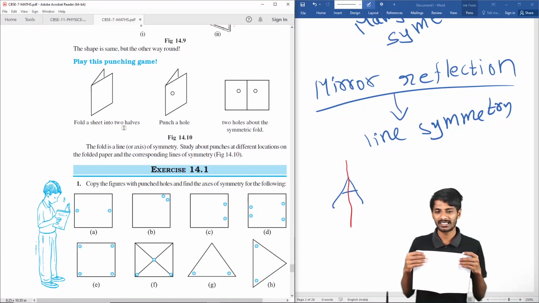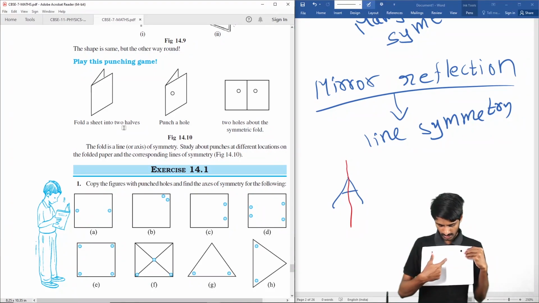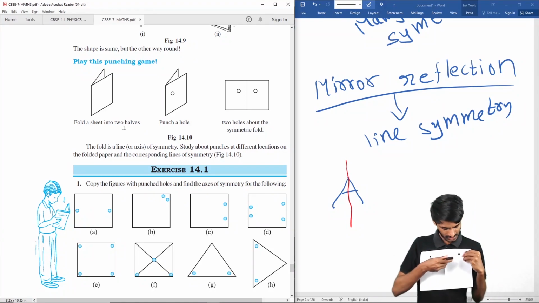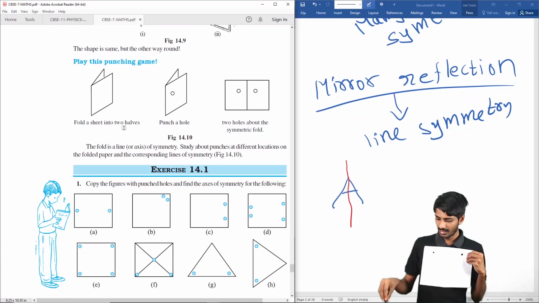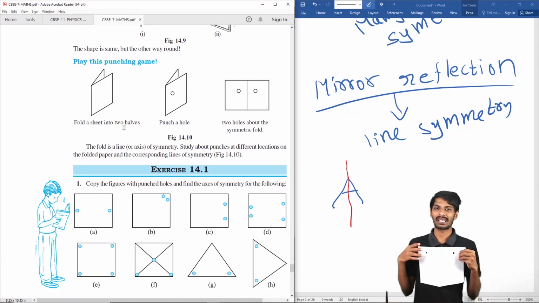So it is the punching game, friends. And if you see around it, this is the symmetrical axis, and the distance from this axis to this hole and the distance from this axis to the other hole is exactly the same. So it is a better example for symmetry.